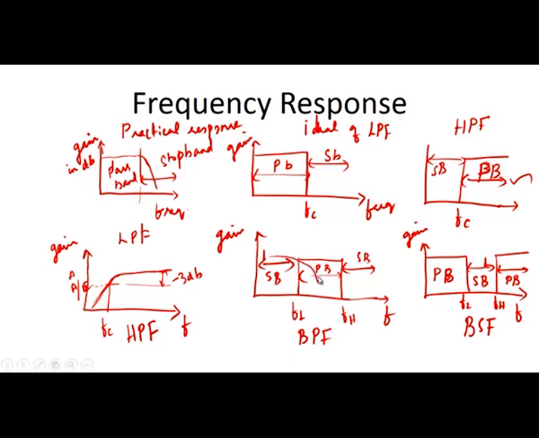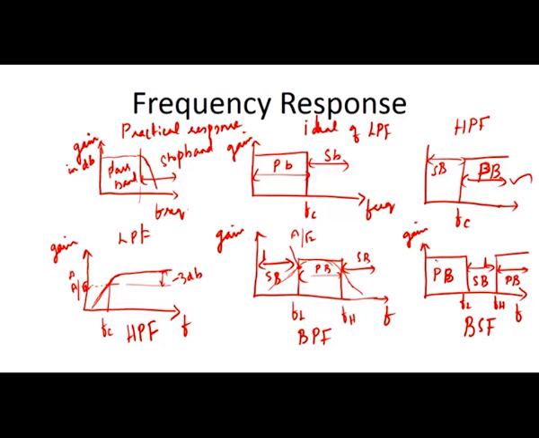For the pass band, it will first increase, then have a constant response, then decrease. Here this point shows A by root 2, and this is the response of the band pass filter.